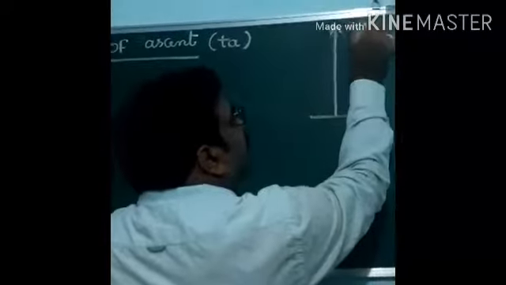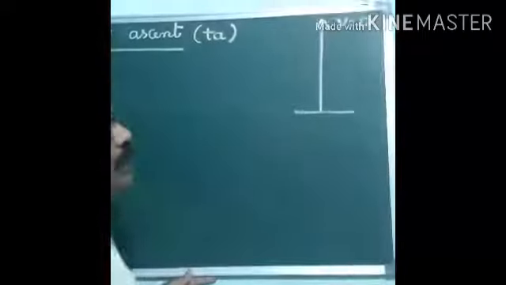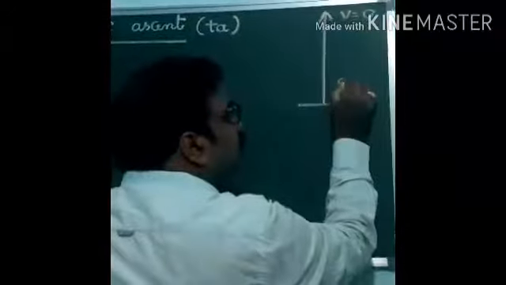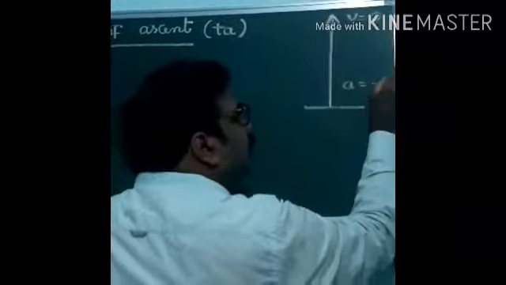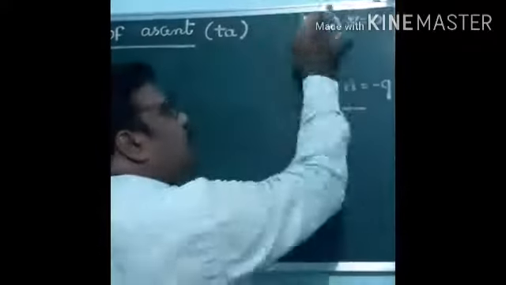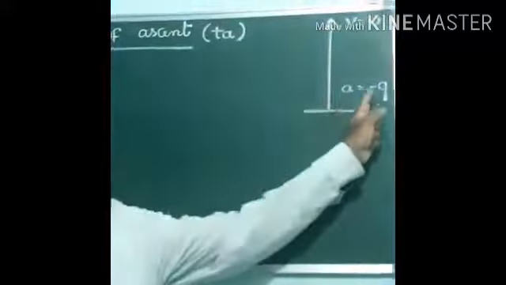Final velocity equal to 0, and acceleration due to gravity is minus g, because the object is moving upwards and gravity is always downwards. Both are opposite, so a is taken as minus g.